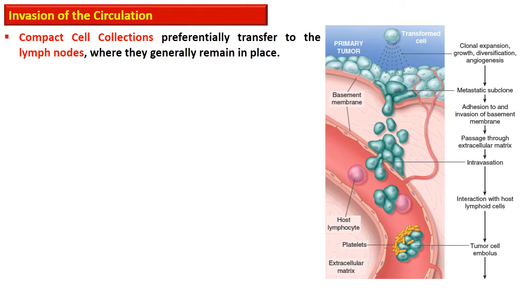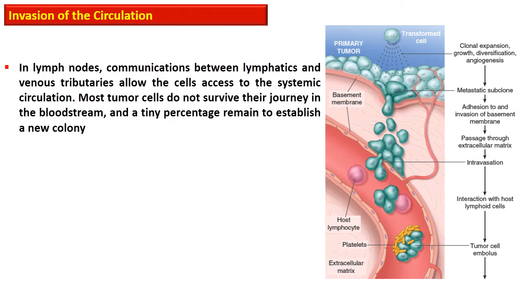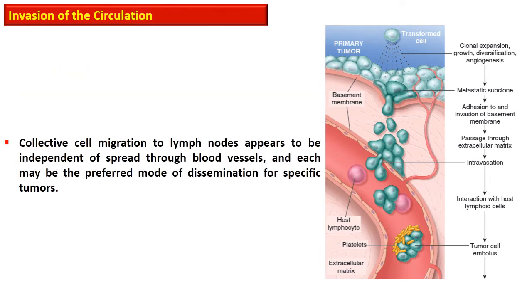The other form of the tumor cell is the clusters of cells or the clumps of cells, and they prefer to go to the lymph node and stay there for some time. Later on, through the venous and lymphatic connections, they get access to the systemic circulation. This journey to the lymph node is not through blood vessels, and these two pathways also differ for various tumor types.